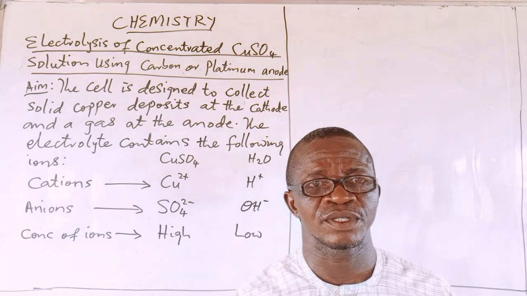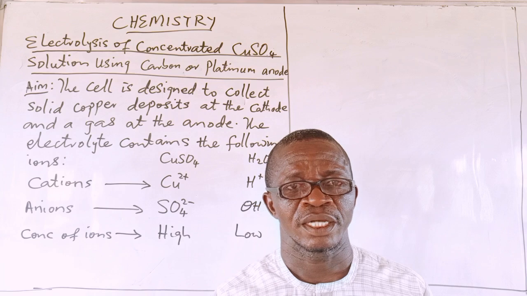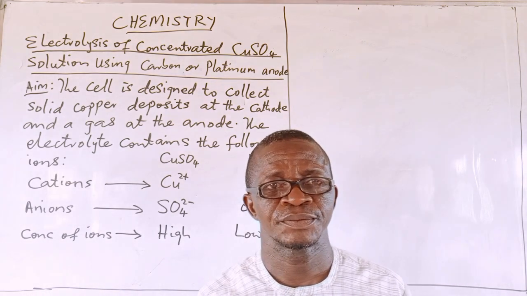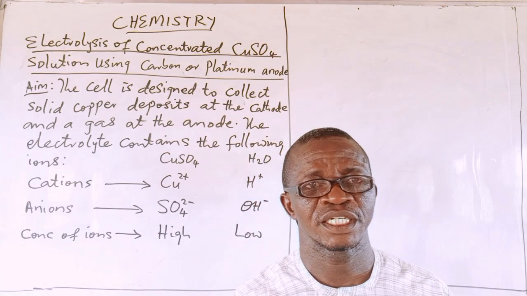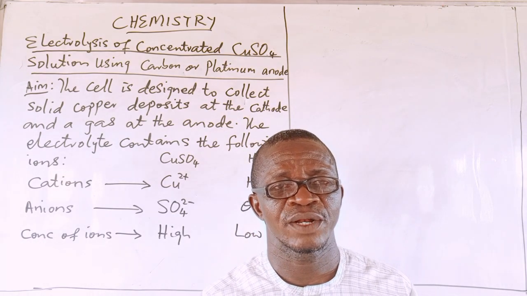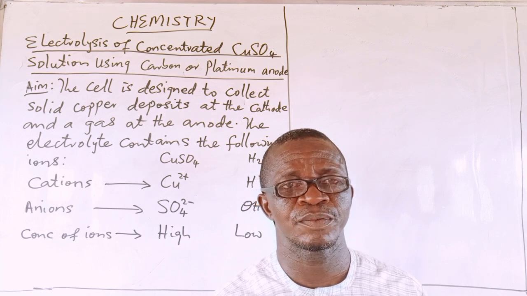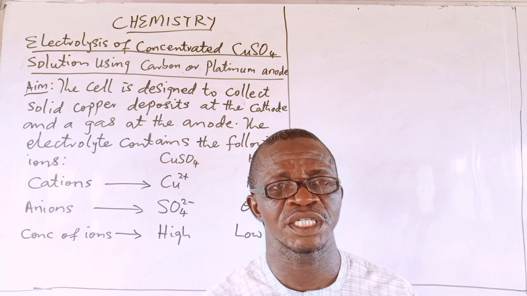And we went further to talk about anode, cathode, and so on and so forth. We also talked about electrolysis of acidified water. So we are not going to deliberate on those aspects again, though we will still be mentioning them in the course of our studies today.